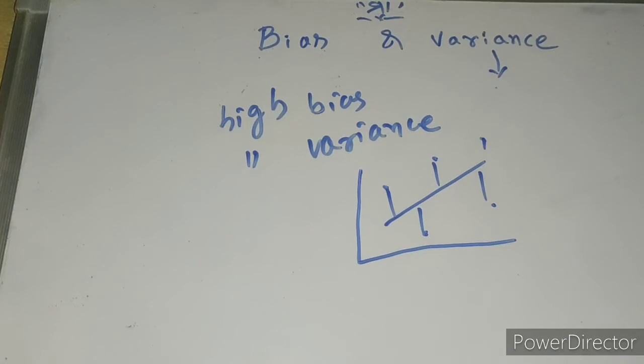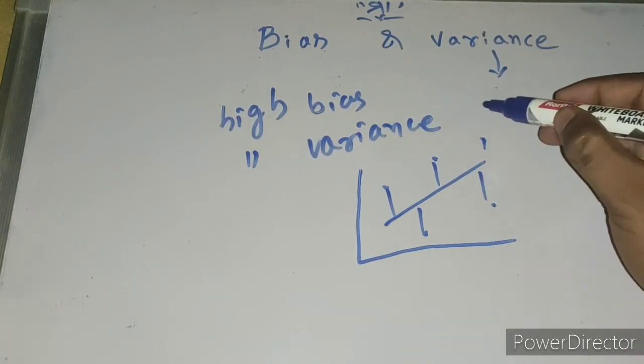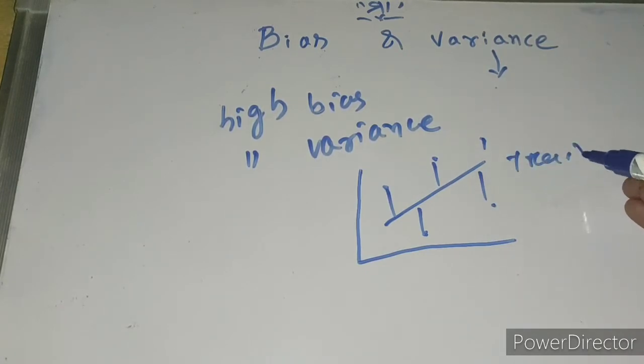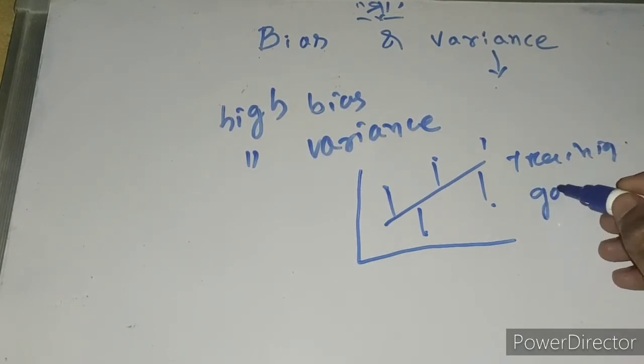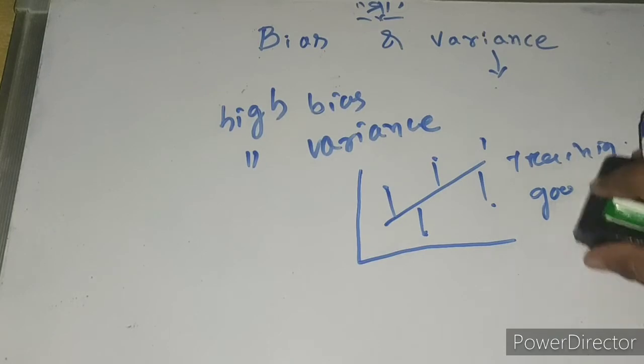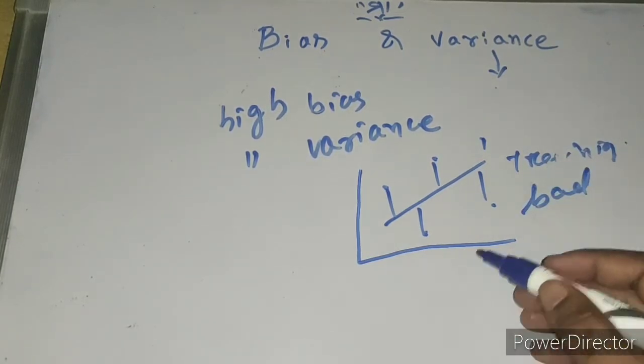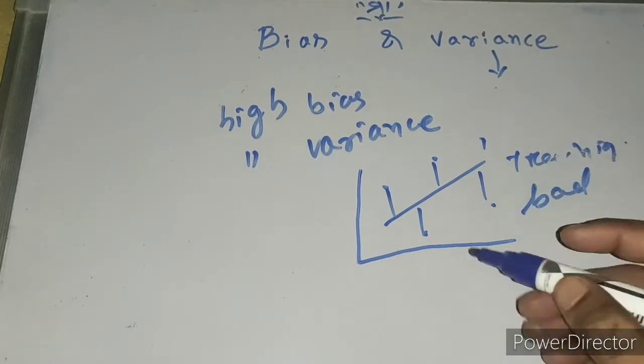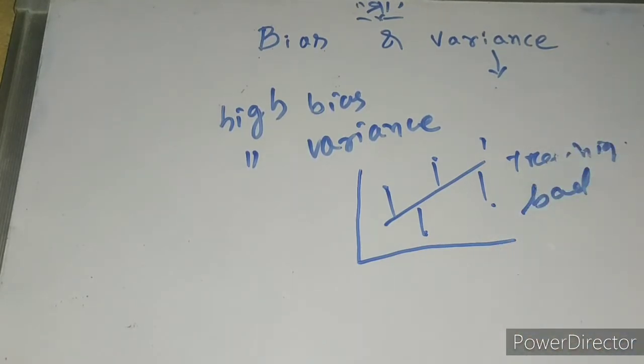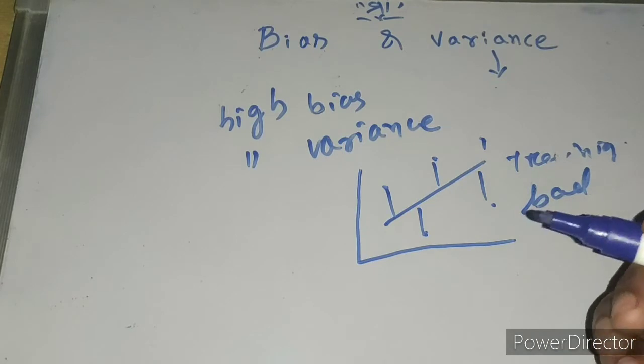So when do we get high bias and high variance? When the data set doesn't fit properly while training. While training, it doesn't show a good result, a bad result, we can say. If it is not fitting properly in training, we cannot even estimate that it will fit well in testing.